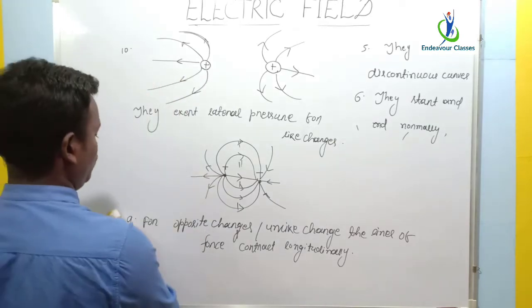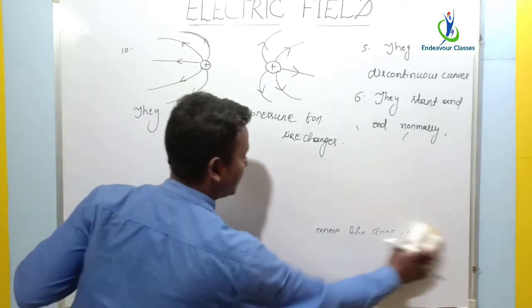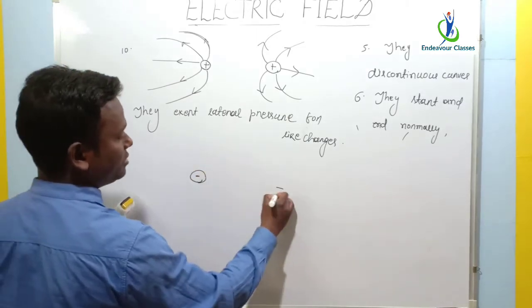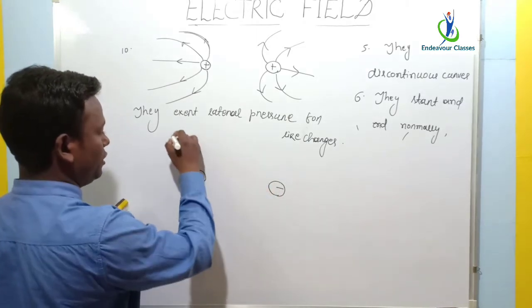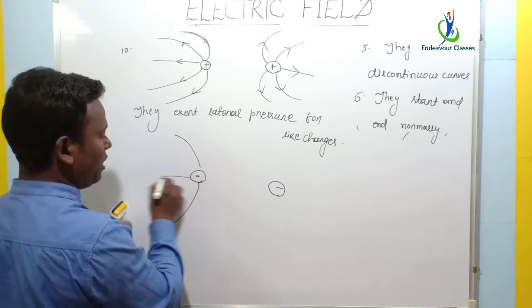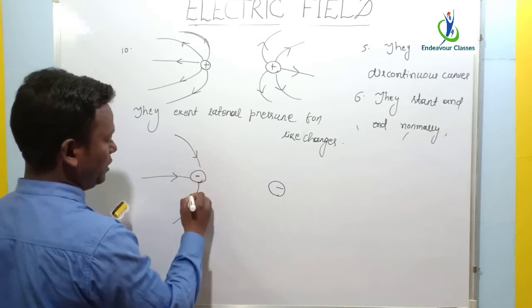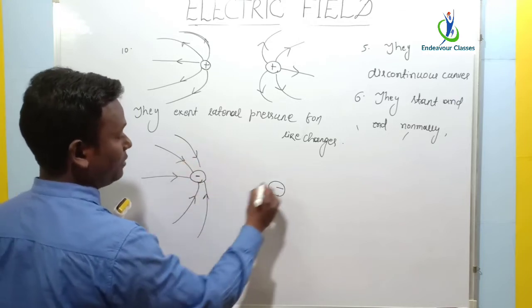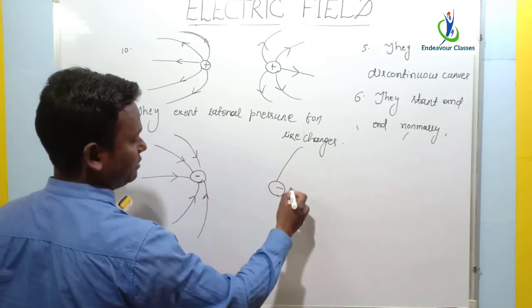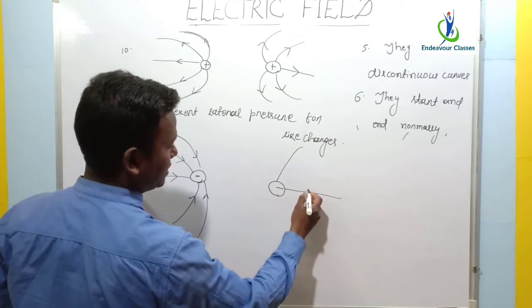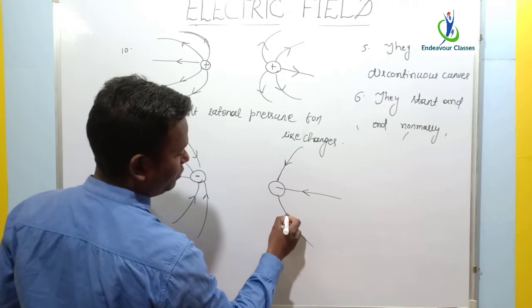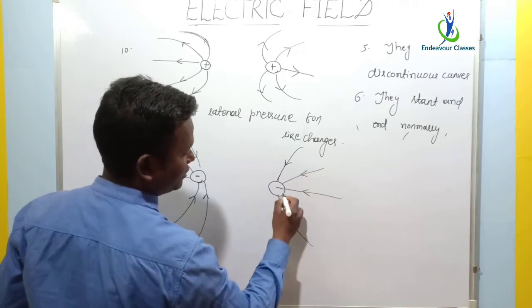Similarly, in case of two negative charges, we can also draw it like this. Only the direction will be reversed. So they will repel each other, no doubt, but the direction will be inwards, that means towards the charge. This is quite easy because the direction will always be as per the direction of motion of a unit positive charge or a test charge.